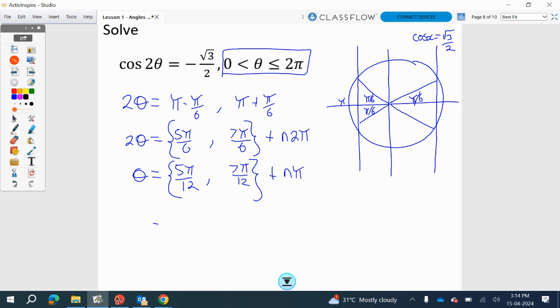So this is going to give me 4 answers. I've got 5 pi over 12, 7 pi over 12. Now I'm going to add 12 pi over 12 each time to get each one. So 5 plus 12, 17 pi over 12. 7 plus 12, it is 19 pi over 12. And this will get me all of the solutions.